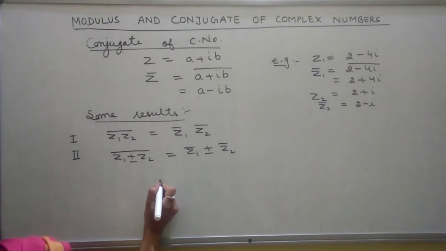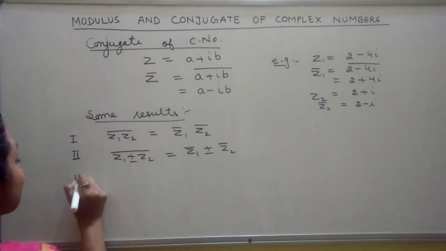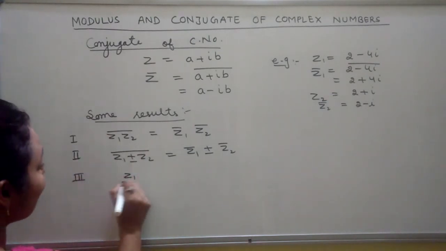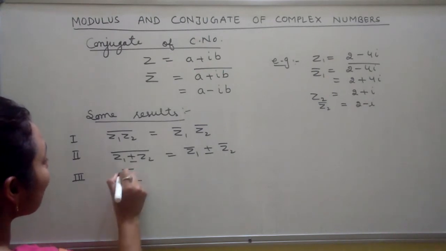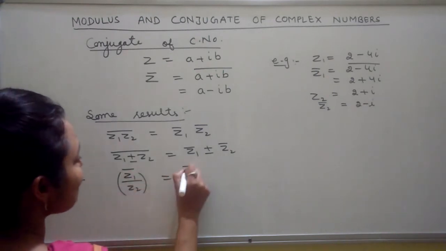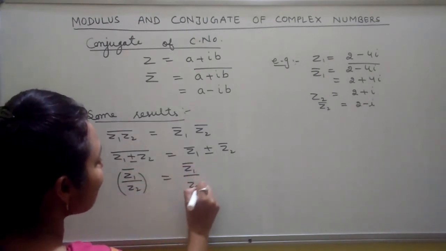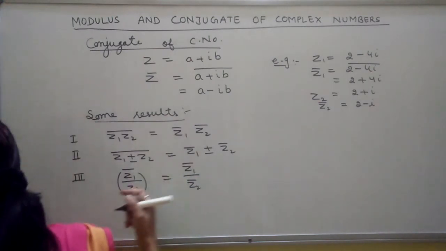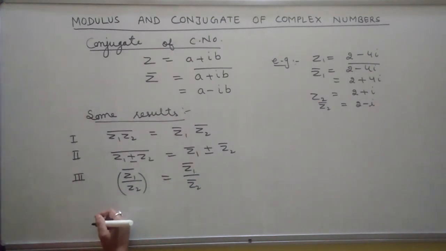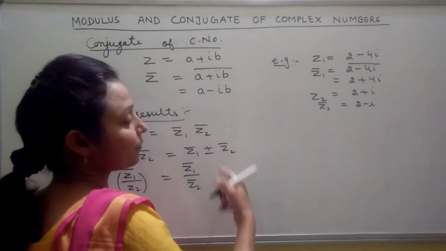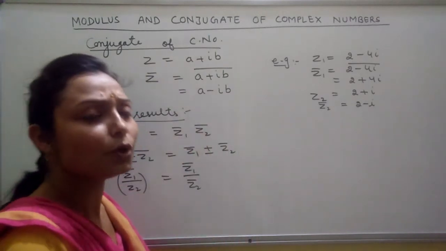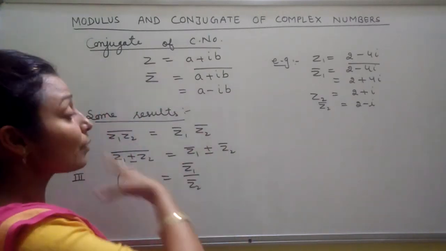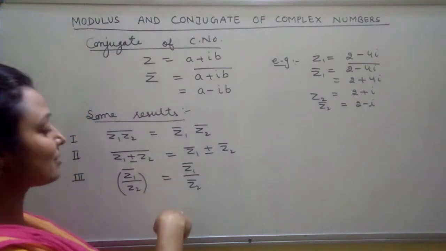The third result: z1 upon z2 whole conjugate equals z1 conjugate upon z2 conjugate. We can take any two complex numbers and easily verify these three results.